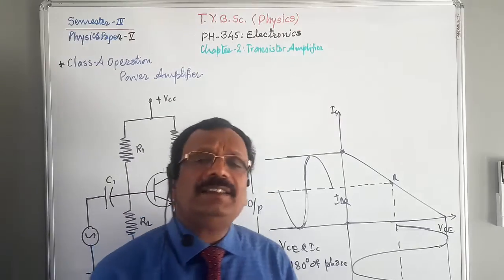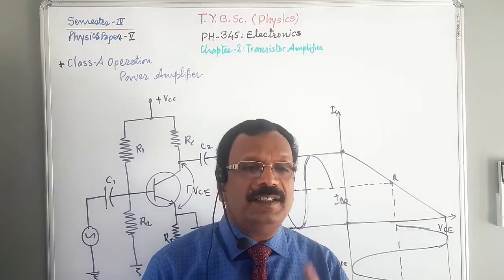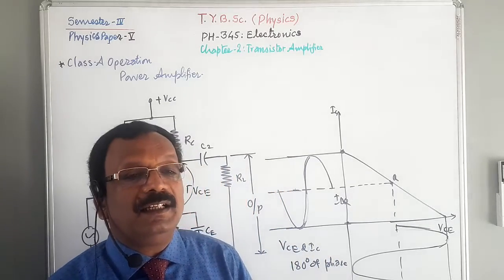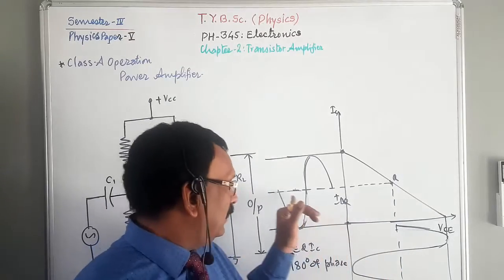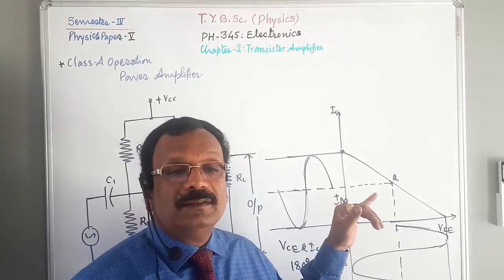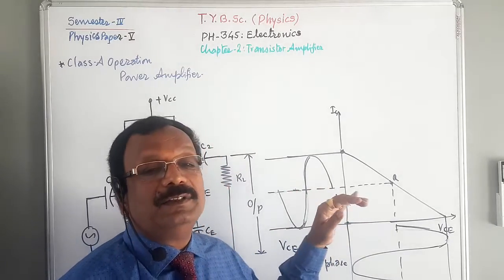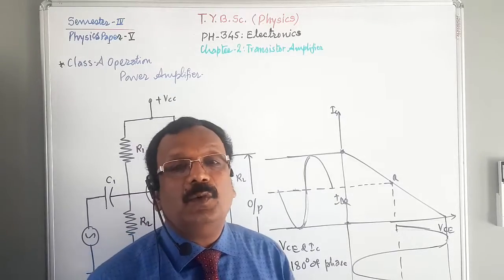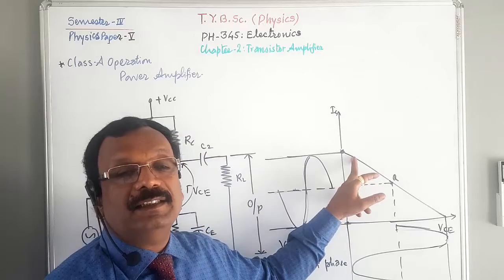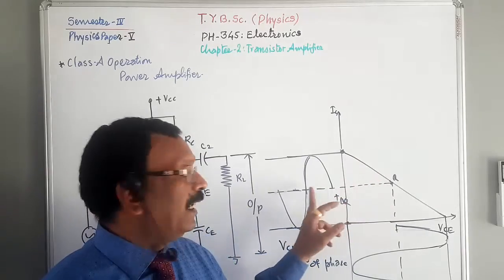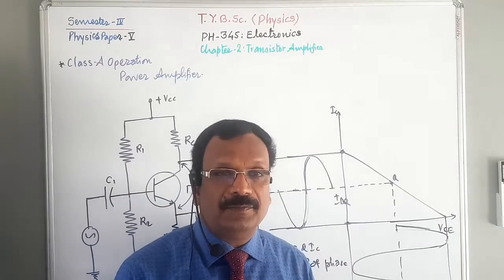Now there are disadvantages also. What are the disadvantages? The first disadvantage is that the transistor continuously operates in the active region. As the transistor continuously operates in the active region, the voltage VCE and the collector current IC passing through the transistor are both simultaneously high.